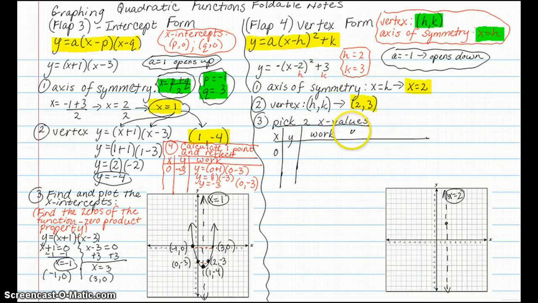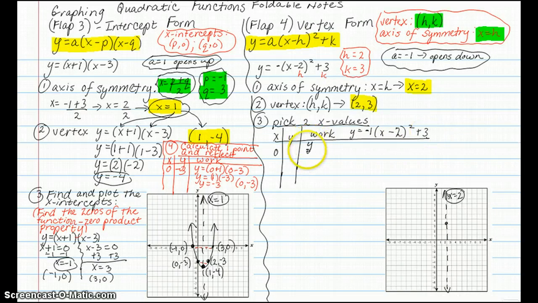That's the one we're putting into, y equals a times, or excuse me, let's not put the a in this time. Negative 1, I'll stick the negative 1 in, times x minus 2 squared plus 3. Okay, so that'll be nice and easy.